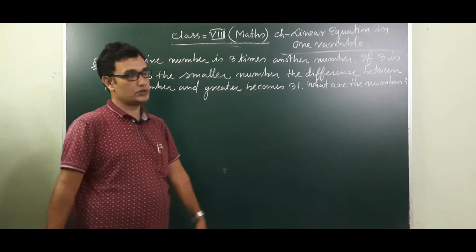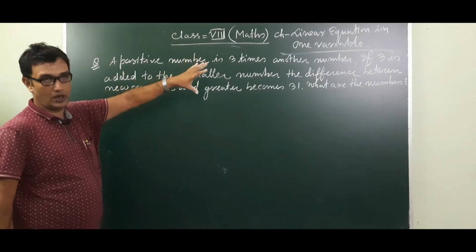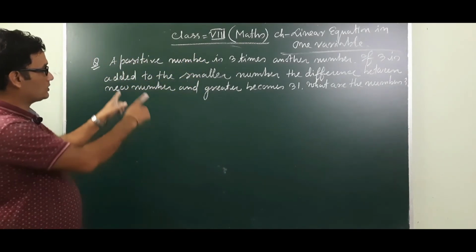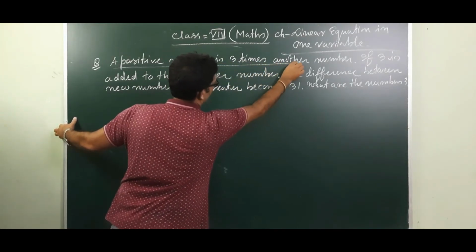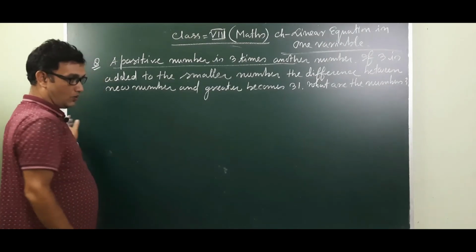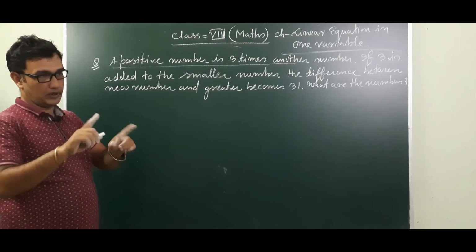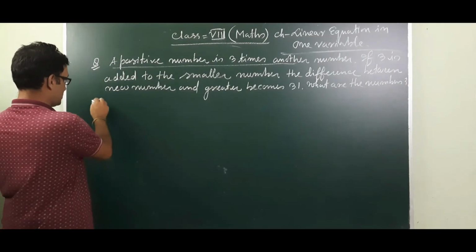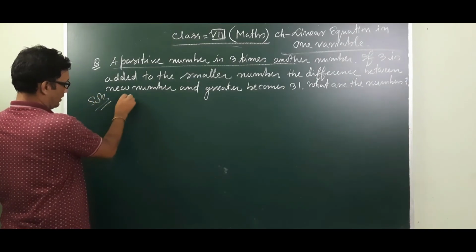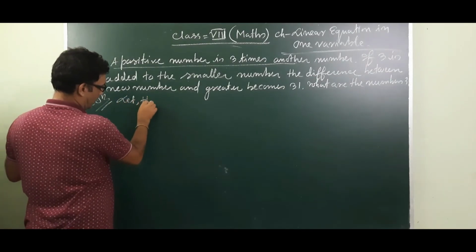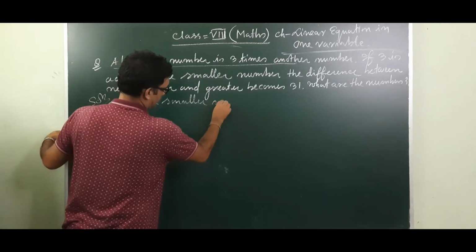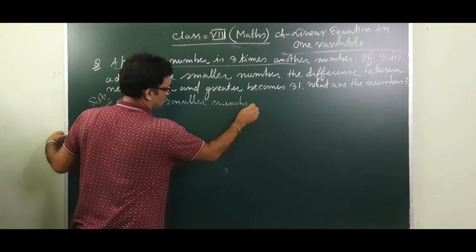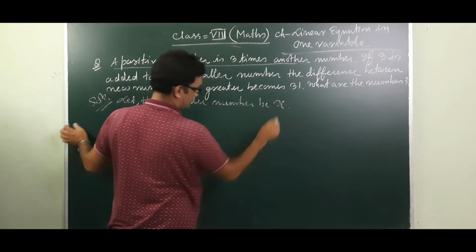What are the numbers? So this language question is given, how will we solve? Here you see the first line: a positive number is 3 times another number. One number and another number, their difference is 3 times. So how will we write the first solution? Let the smaller number be x.